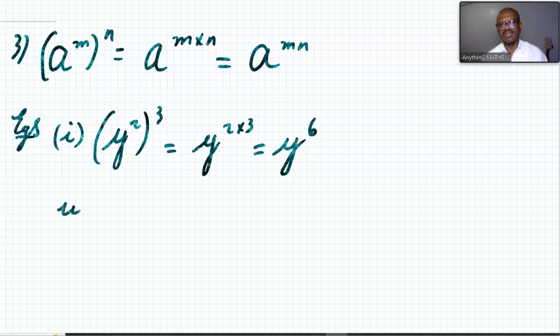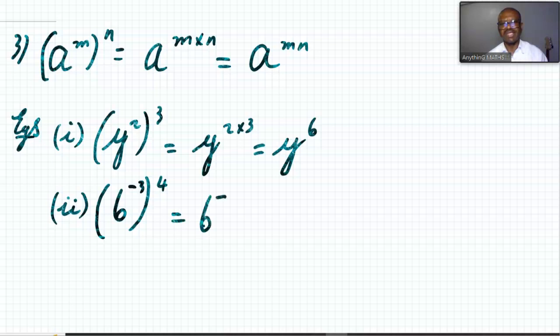The second example. 6 raised to the power negative 3, all raised to the power 4. We're going to have 6 raised to the power negative 3 times 4. We're going to have 6 raised to the power negative 12.